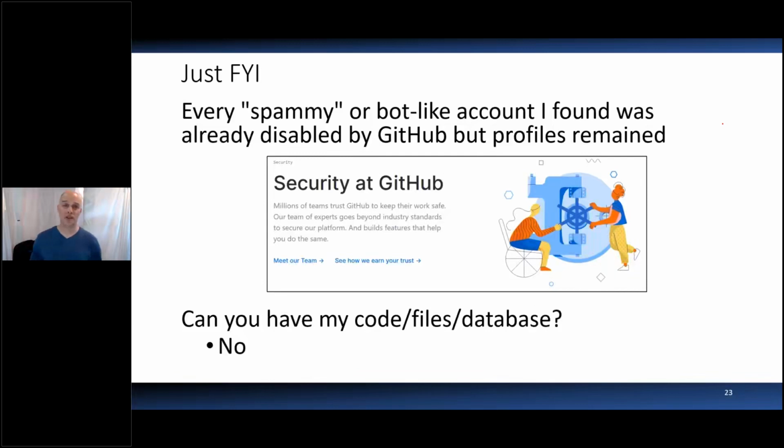So props to GitHub security for doing an amazing job, probably using many of these same techniques on their side, analyzing when accounts are created and what they're putting in different things to keep the number of GitHub accounts that are spammy or are bots down to a minimum.